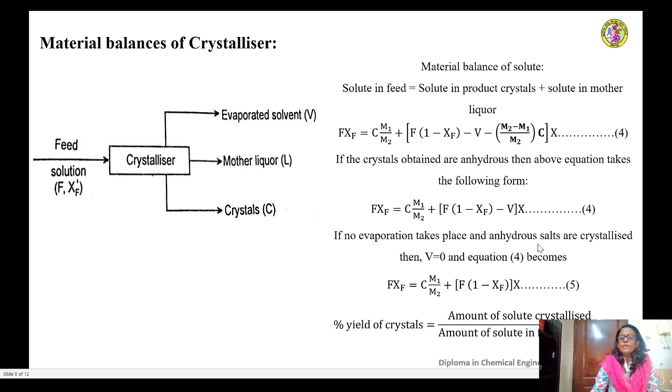So using any of these equations according to the given situation, you can calculate the value of C, and once you get the value of C, that gives you the amount of solute crystallized. That divided by the amount of solute present in the feed solution, multiplied by 100, will give you the percentage yield of crystals for the given operation.